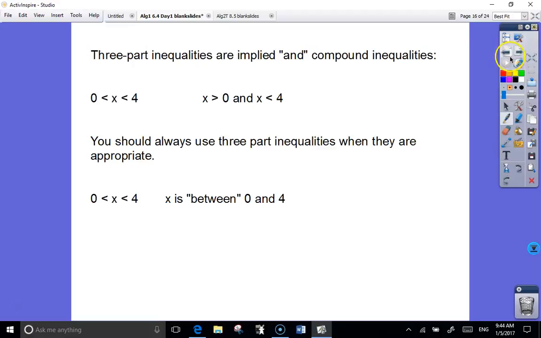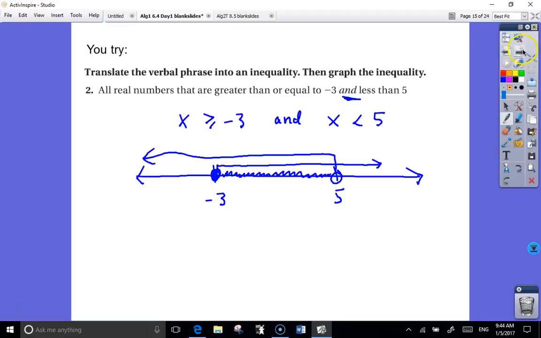Okay, so when you get an and inequality like that, where we end up shading the overlap in the middle, that can actually be written as a 3-part inequality. And it's written like this. You would say -3 is less than or equal to x is less than 5.